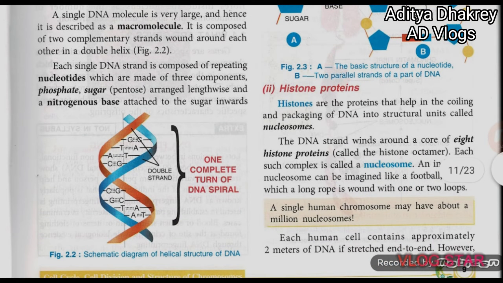A single DNA molecule is very large and hence it is described as a macromolecule. It is composed of two complementary strands wound around each other in a double helix. Each single DNA strand is composed of repeating nucleotides, which are made of three components: phosphate and sugar, arranged lengthwise, and a nitrogenous base attached to the sugar.